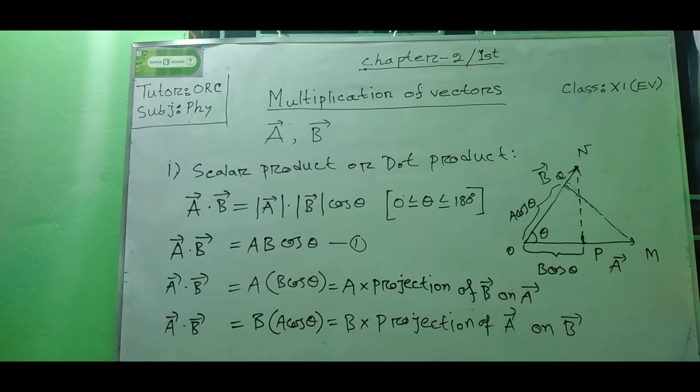Now we will discuss some properties of scalar product. After following the scalar product, we can solve some important problems. So let us now discuss some properties of scalar product.